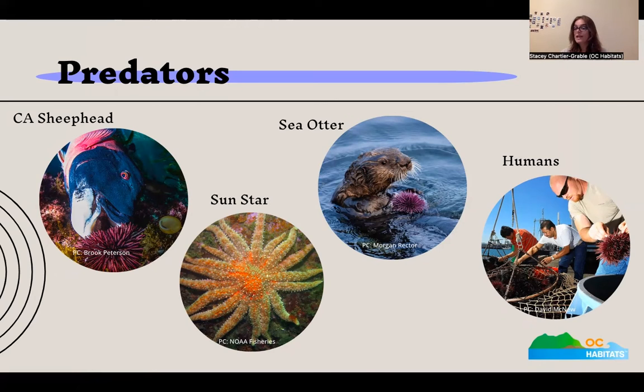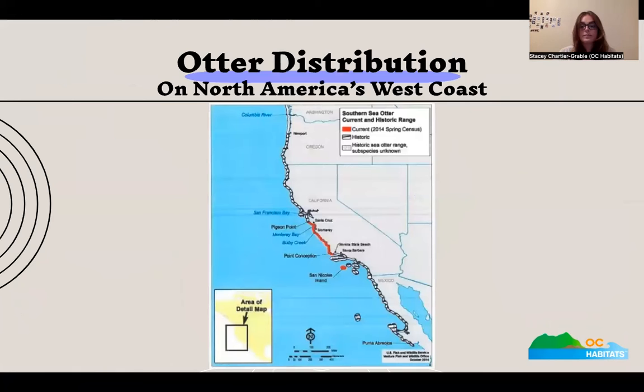And sea otters are one of their most important predators. They are what is known as a keystone species, which is a species on which other species in an ecosystem largely depend, such that if it were removed, the ecosystem would change drastically. And that's exactly what happened with our sea otters here in California. So here is the past and present distribution of sea otters. The black and white stripes are where they used to live.